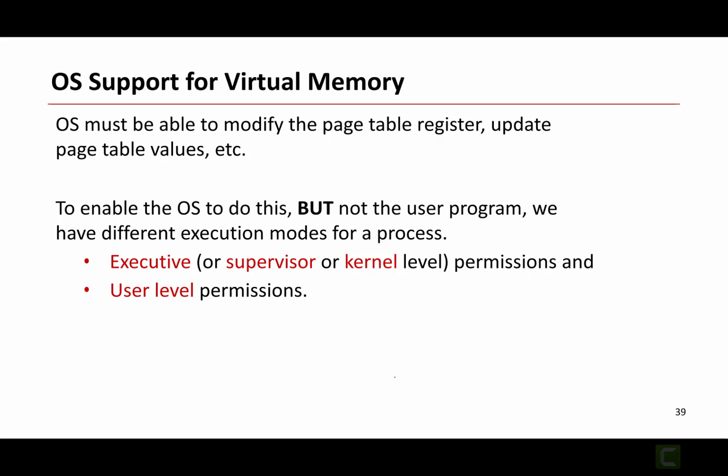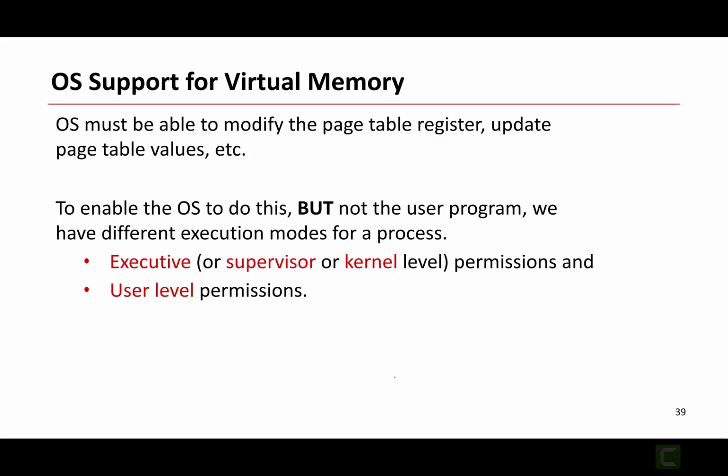Okay, so one final point I want to make is that an operating system provides a few more extra features for supporting virtual memory. In particular, it must be possible only for the operating system to change the contents of the page table, because remember, the page table is how you ensure isolation between the processes.